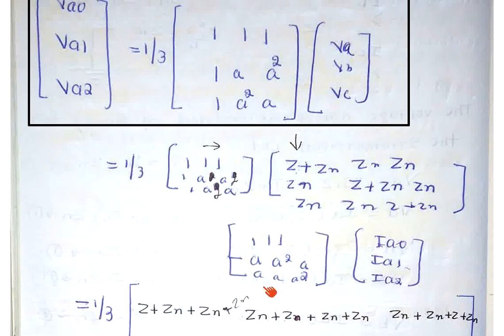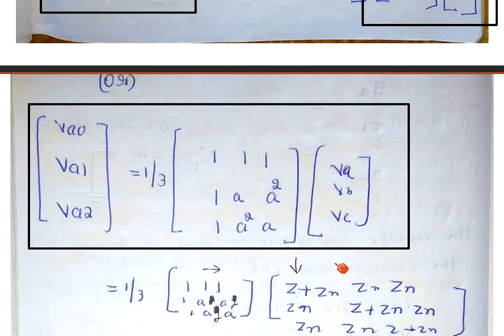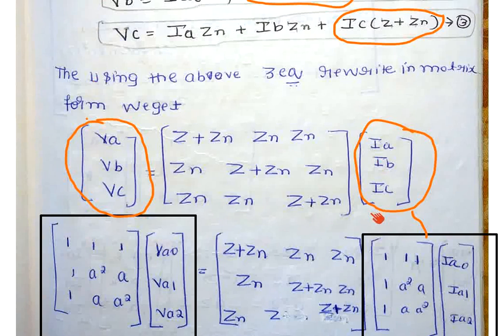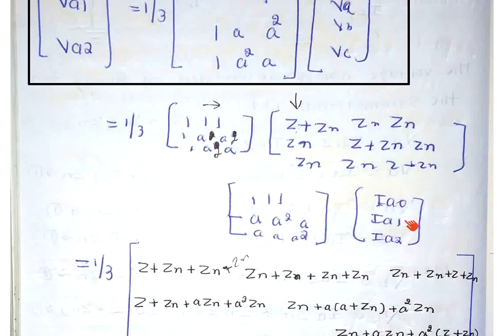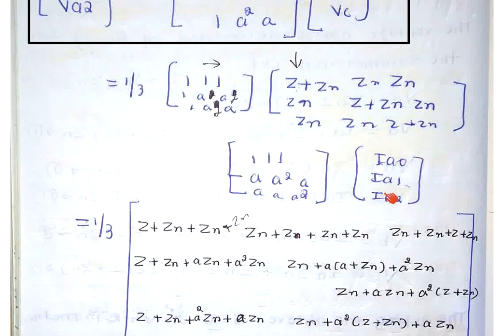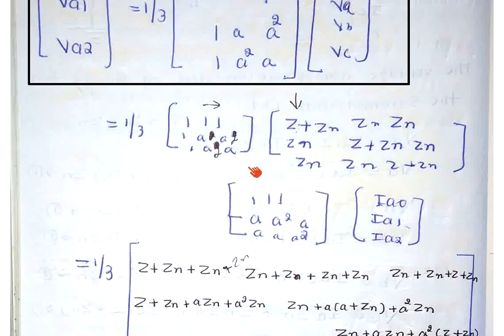Now you will get this. Similarly, substitute the value for IA, IB, IC, whatever the value is, substitute it here: IA, IB, IC equals the matrix 1, 1, 1; 1, a square, a; 1, a, a square times the symmetrical components. After all this, you multiply. How will you multiply? Your rows and columns should be matched.